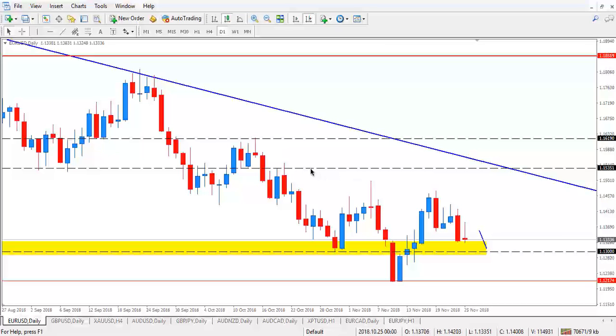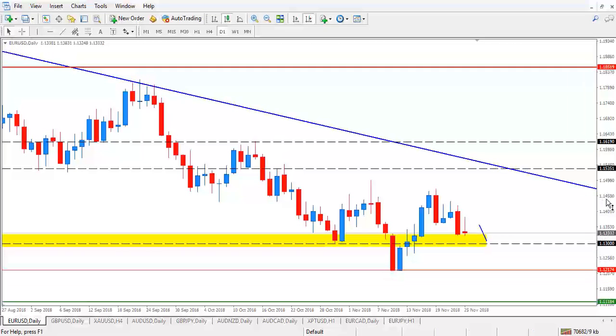As you can see here, the pair actually respected the level of 1.13 in the past at this point, so the price might do the same thing and respect the same level if it goes down to this level and then shows some bullish evidence. The bullish evidence would tell us that there is a potential that the price might reverse and go up because it does respect this level.